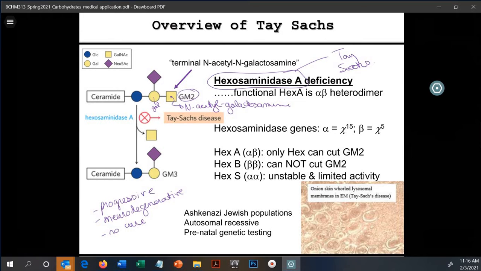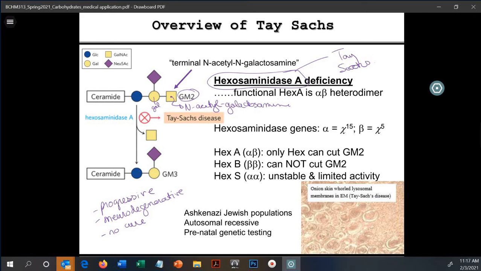This disorder primarily affects babies, and these children very rarely live past age 4, and they lose the ability to see, to hear, to think, to interact, and they have seizures.